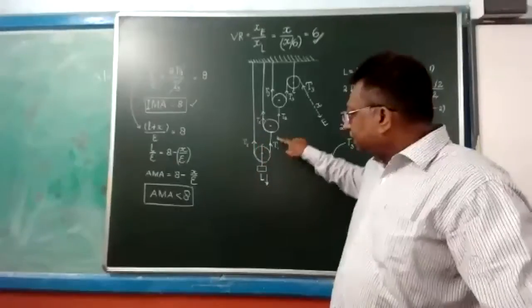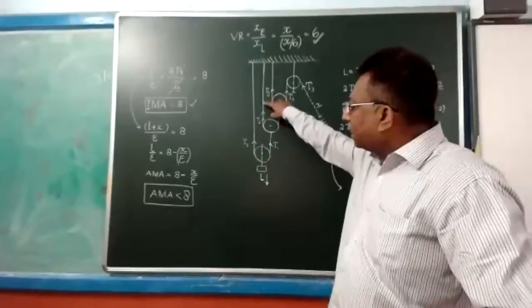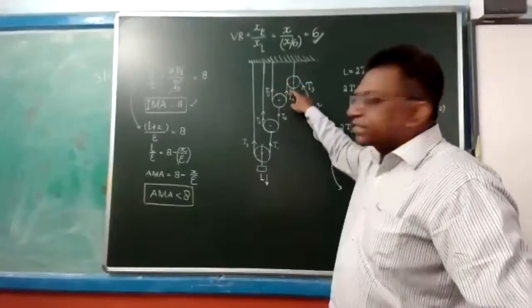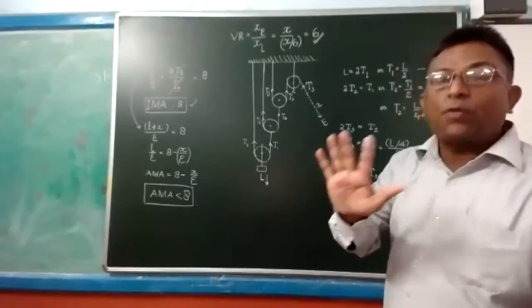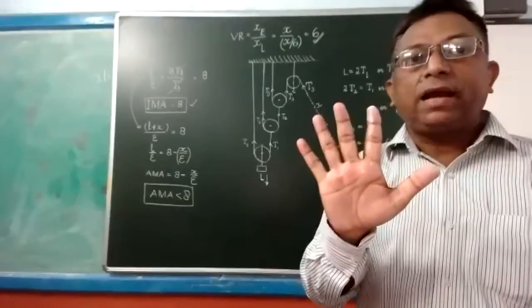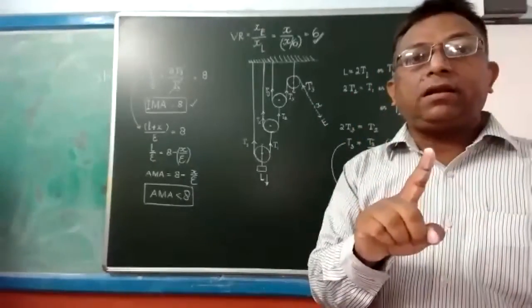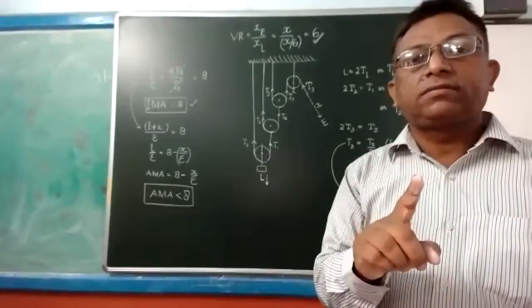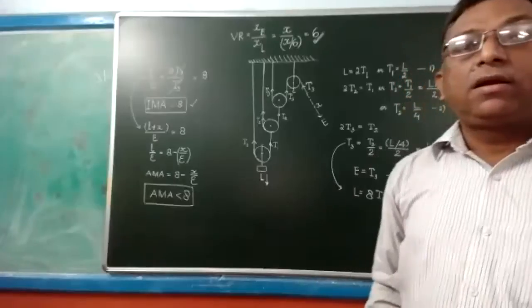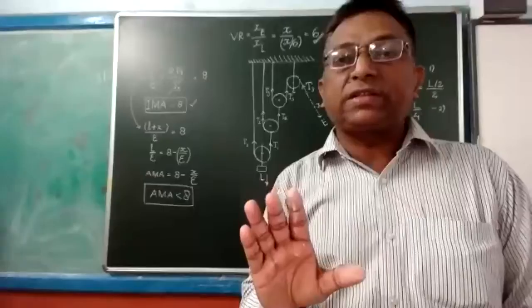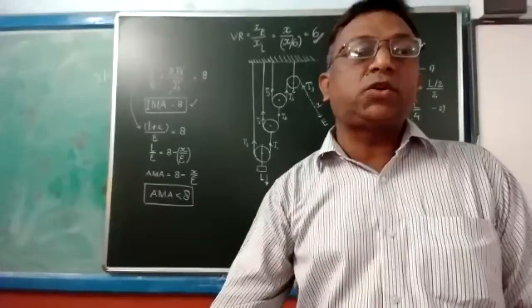First strand, second strand, this is the third cord, fourth cord, and this is the fifth one, sixth one. In this way, how many cords are there for 3 mobile pulleys? 6. And hence the total number of cords for mobile pulleys is the velocity ratio.